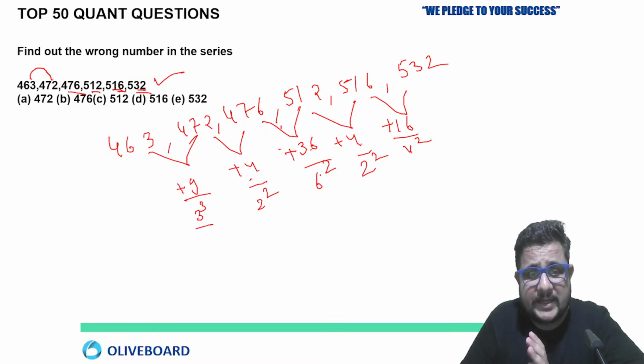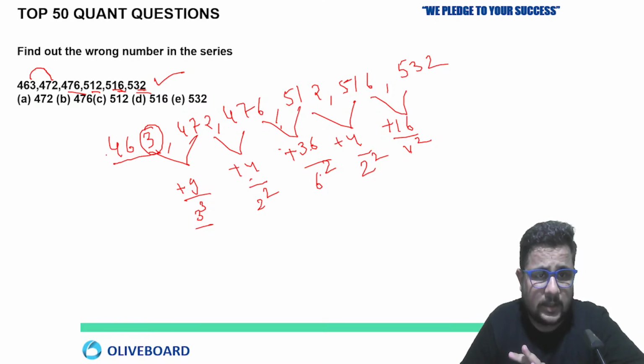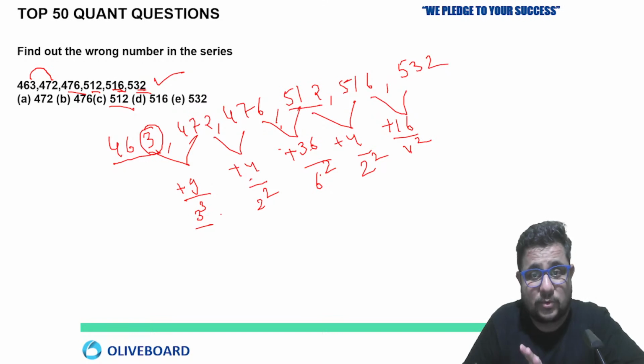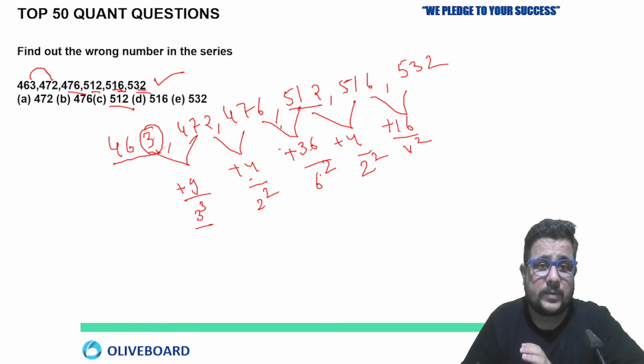Now, how 3 square? If you look at 463, the last digit is 3. The unit digit is 3, or not? You will say yes, definitely. Now just look here and you will understand what you have to look for.